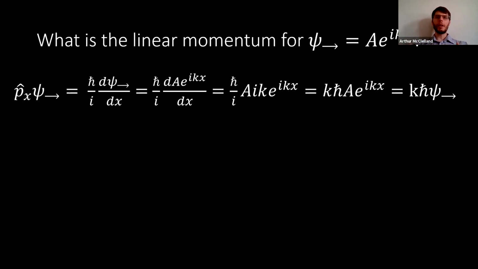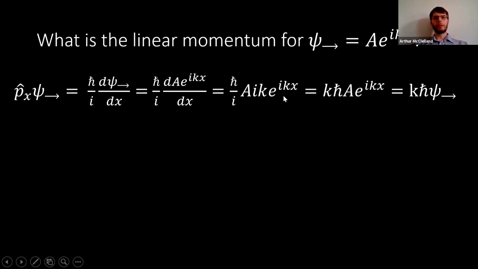If you take differential equations, you learn there's a series of solutions for different differential equation problem types. So we're just going to take that this is one of the potential solutions. So p hat of psi right arrow, we have our operator, we plug in psi right arrow, which we've decided is a e^(ikx), or we're at least going to test a e^(ikx).